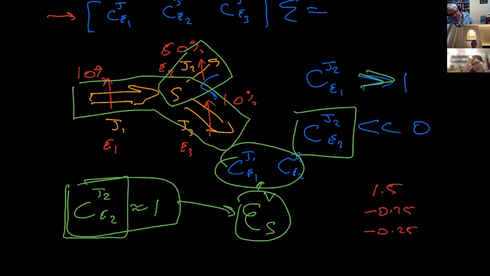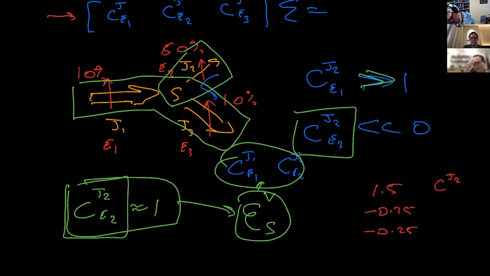So there'll be 2 here, there'll be 3. Remember, this is CJ2E1. This is CJ2E2. I've got this wrong, haven't I? We just say CJ2E2 roughly 1.